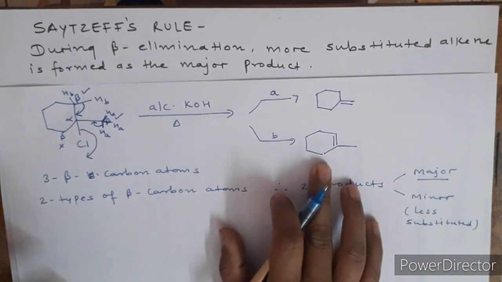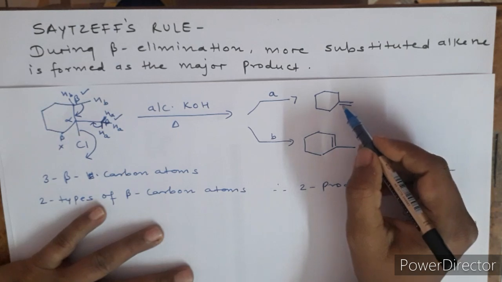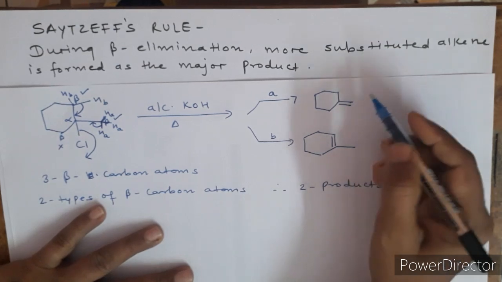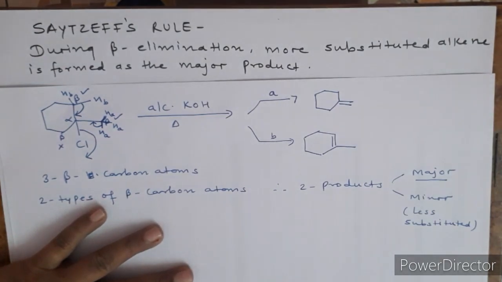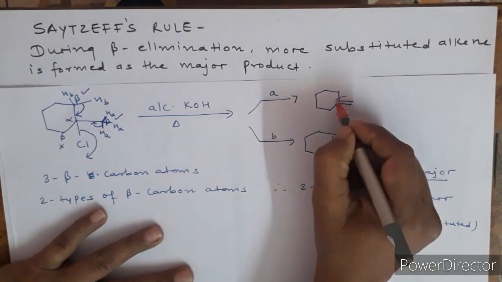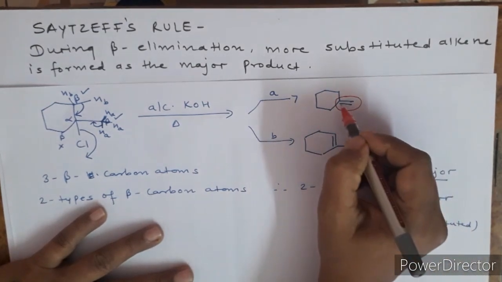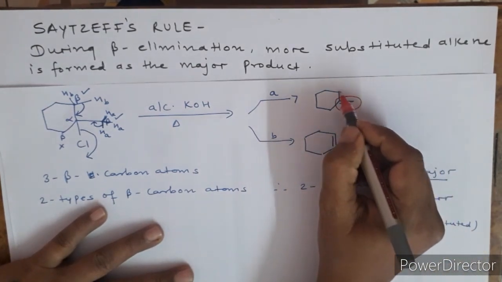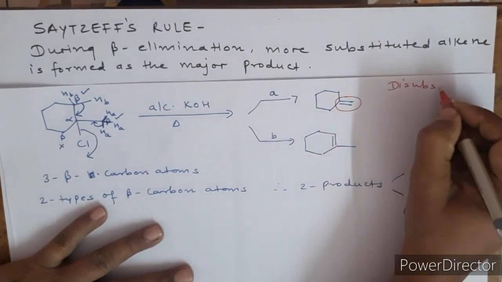Look at that. Now which one is the major and which one is the minor? Let's see how many substituents are attached here. We'll just circle them. So here, how many substituents? 1, 2. So this is a di-substituted alkene.